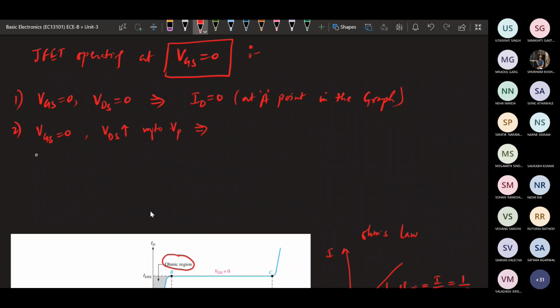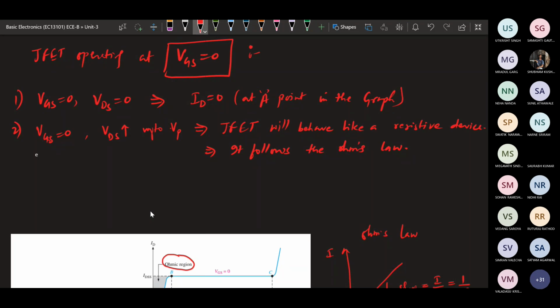In that region, the JFET will behave like a resistive device, and it follows Ohm's law.